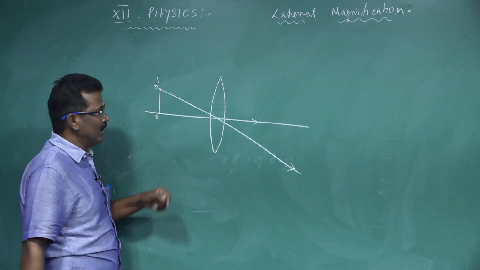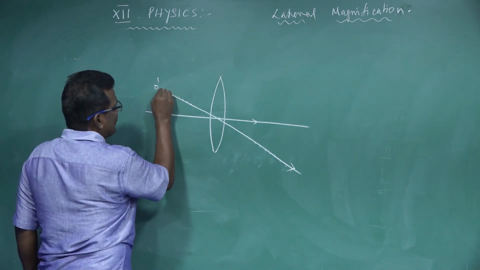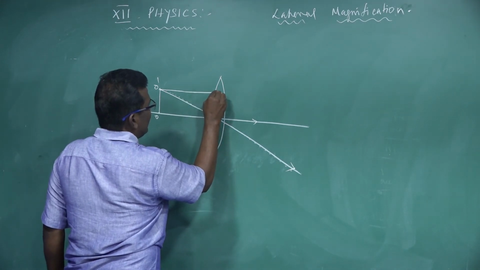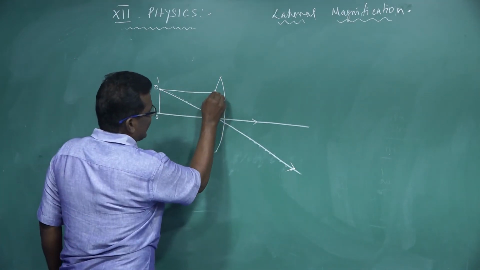Another ray coming from the source is incident very close to the P, and is now refracted.